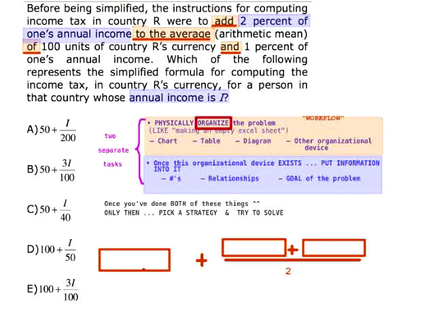So that's 2I over 100, which is the same as I over 50. And then you're taking the arithmetic mean of 100. Is that clear to you guys now, Claire? Sandeep, are we good?